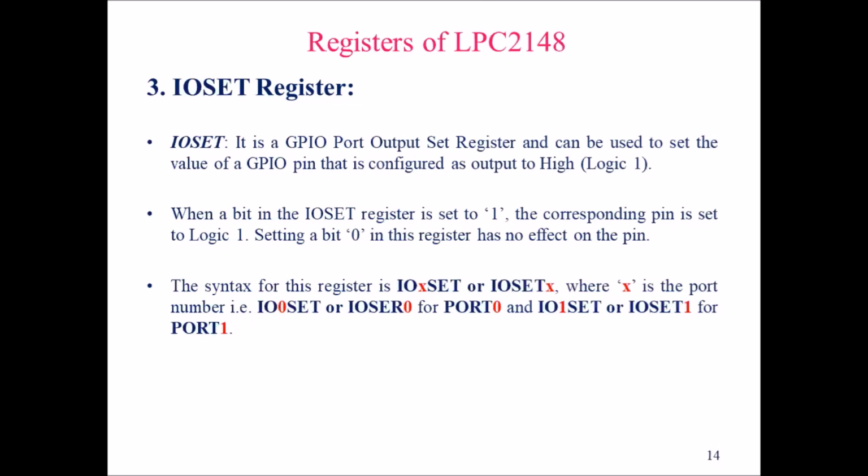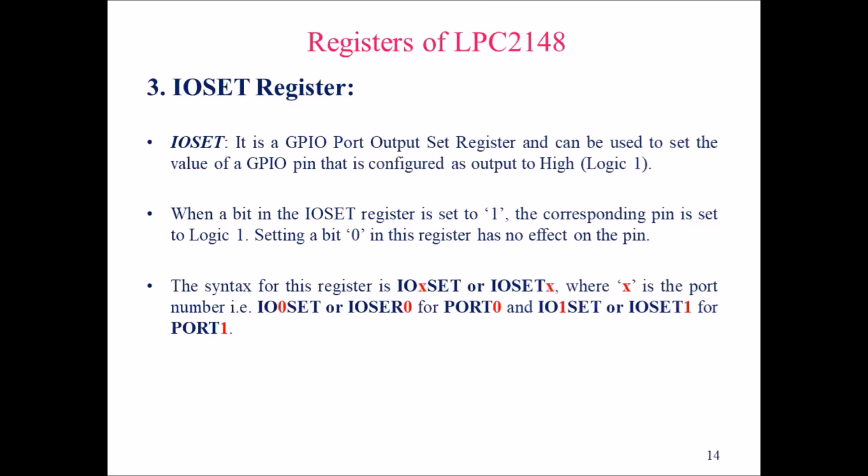Setting a bit to 0 in the register has no effect on the pin. So in this instruction you can set the pin to 1, which means that pin will be set to logic 1. Logic 1 means high.